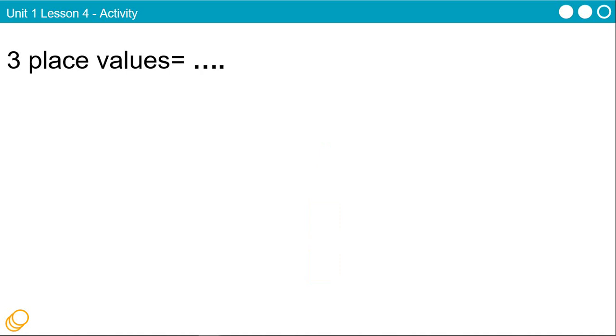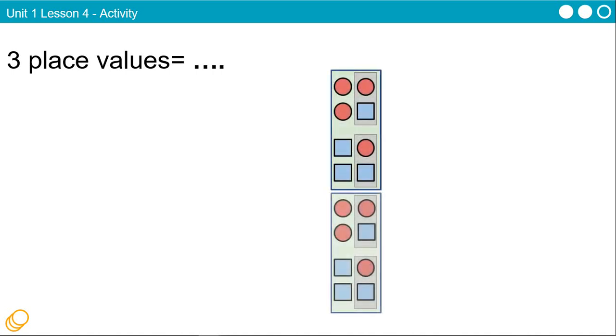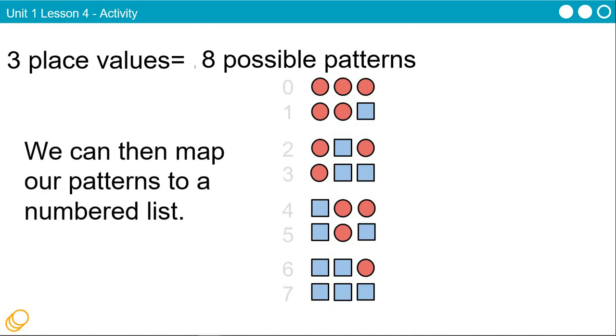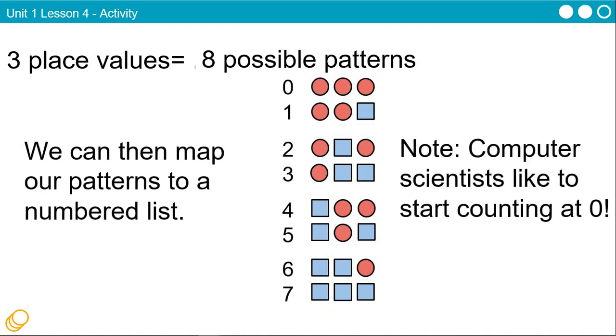If we go to three place values, as in the other video that I showed, we find out that if we use three place values, with only the possibility of a circle or a square in any of those three place values, we can make 8 possible patterns.